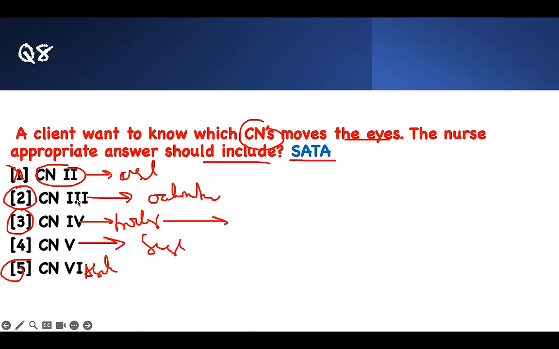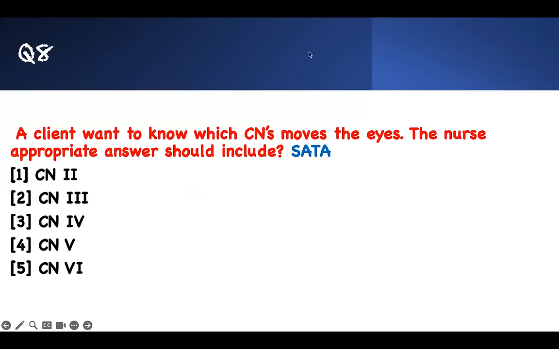It does most of the oculomotor work. That's why it has the name oculomotor, because it does a bunch of movement. But it also does your pupil size and regulates accommodation. So for this particular question, it's just asking you for eye movement. So 3, 4, and 6. You had the right answer. Select or apply. Once again, pick those that you know. If you can pick 2 out of this, that's fine.